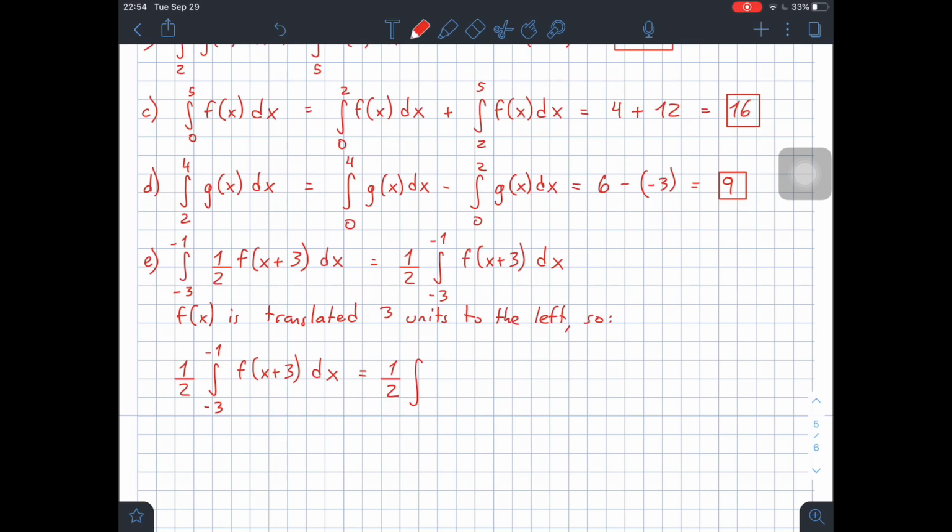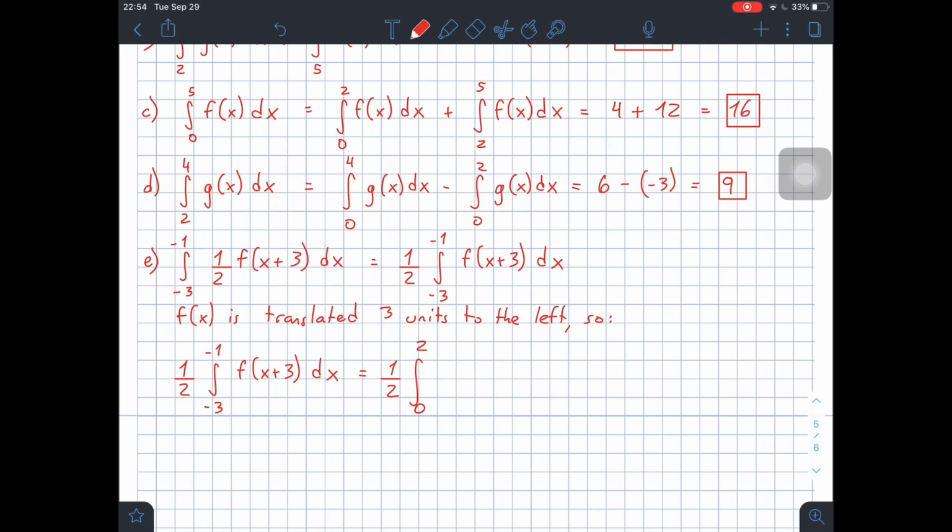So if I move it to its original place, we need to move it 3 units to the right, in order to have it as f of x. So if I move all of the function to the right, it's the same as moving both of my limits to the right. So if I move this 3 units to the right, the lower limit would be 0. And if I move this 3 units to the right, -1 plus 3 would be 2.